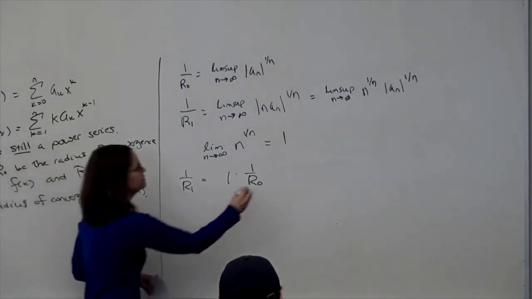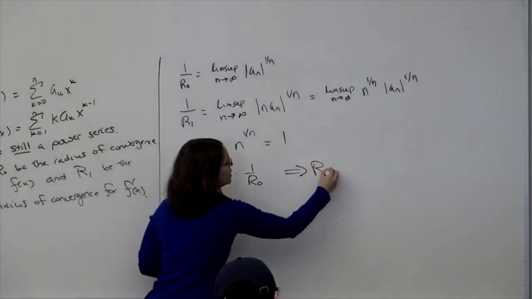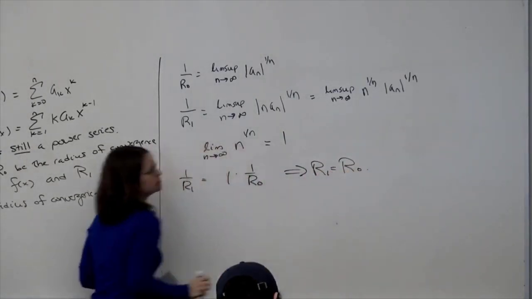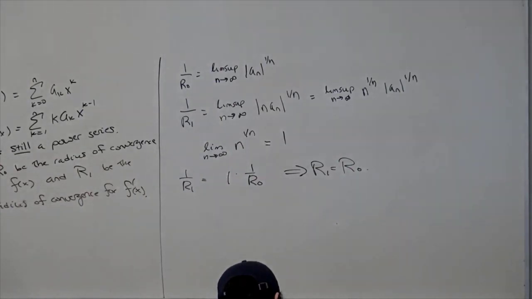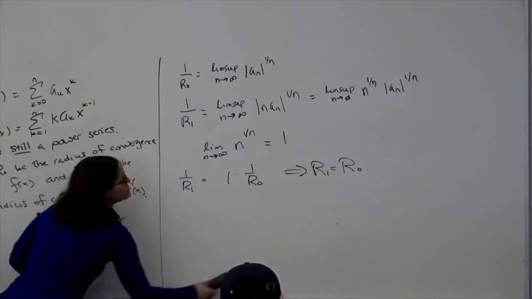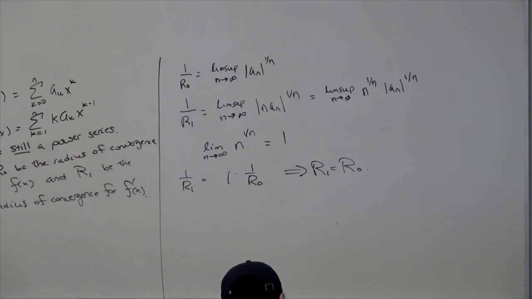Which means indeed the radius of convergence is identical. Okay, so we found the radius of convergence of this, right? That means on any closed bounded subset, we're going to have uniform convergence of the derivatives itself, and that means we're in business.